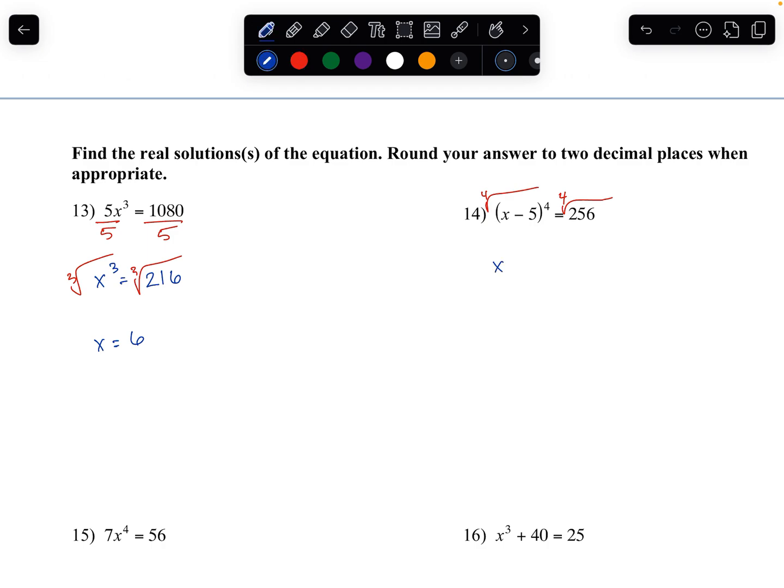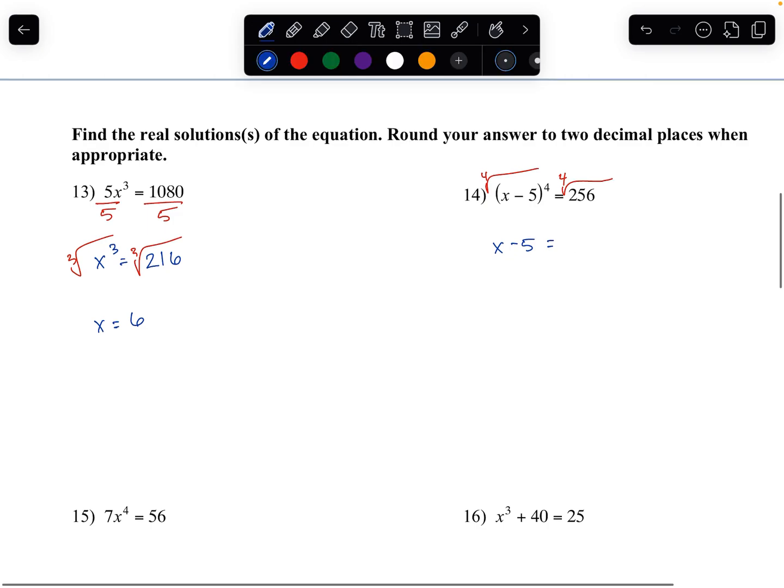I'm going to get x minus 5 is equal to, and the fourth root of 256 is 4. Okay, I wonder if they want us to use plus or minus. Let's check. Yeah, let's do plus or minus 4. Okay, and then we're going to add 5.